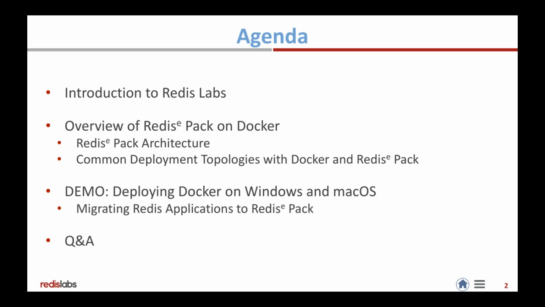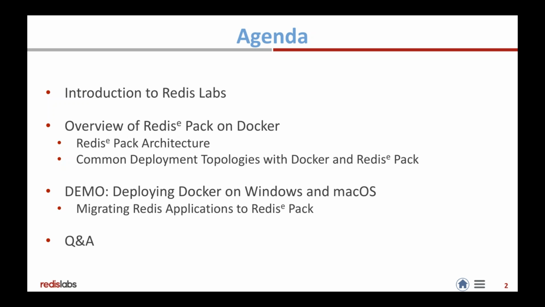So let me walk you through the agenda really quick. I'm going to introduce the company very quickly to you in a couple of slides. Then I quickly want to dive into the overview of Redis Enterprise Pack on Docker. We'll look at our architecture.